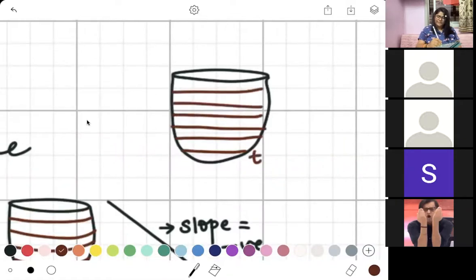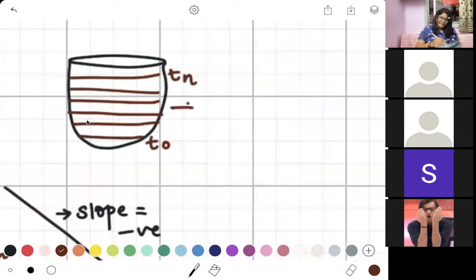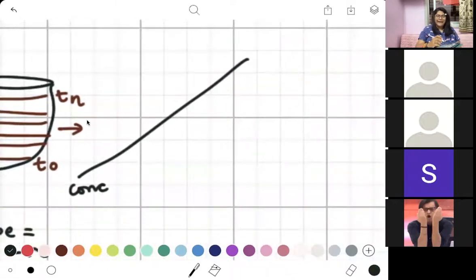So here this would be my time 0, my initial time, and this would be Tn. For this example, if I made a graph, my slope would indicate a positive value, because I started at a concentration that was lower and ended at a concentration that was higher.